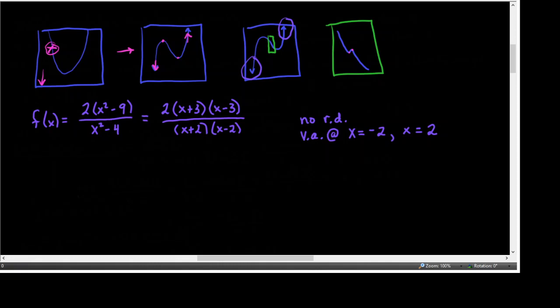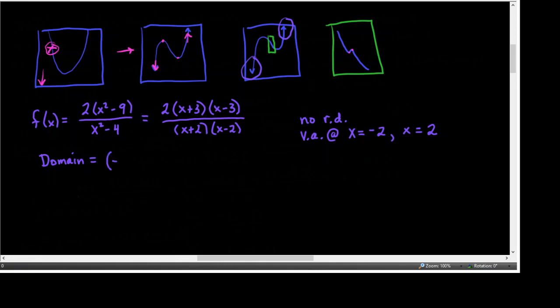So that's actually giving us a little bit of an idea about domain, which is one of the things you should address, or at least in your head. We always assume that you can use every real number, and then take away the things that you can't use. For example, anything that would make you divide by 0 you can't use, or anything that would make you take the square root of a negative.